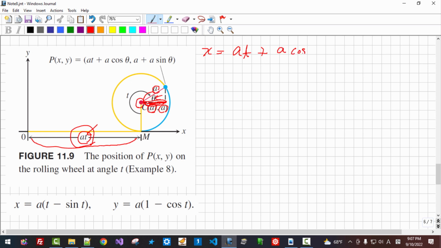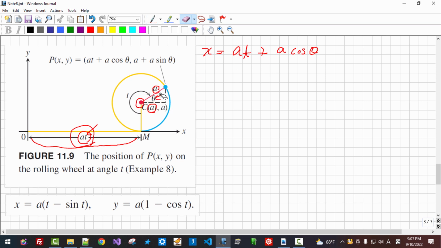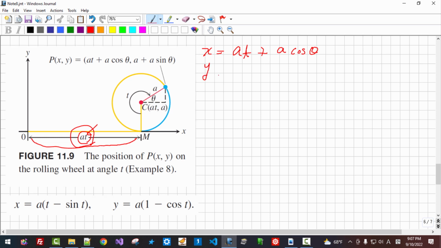I will delete this. For y, this height is a, the radius of this wheel is a.